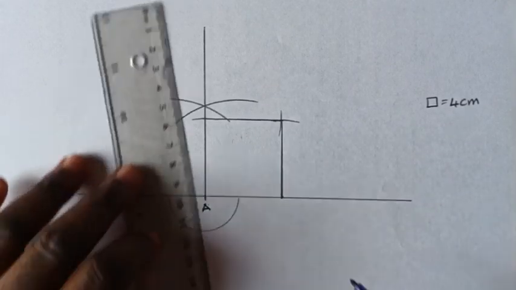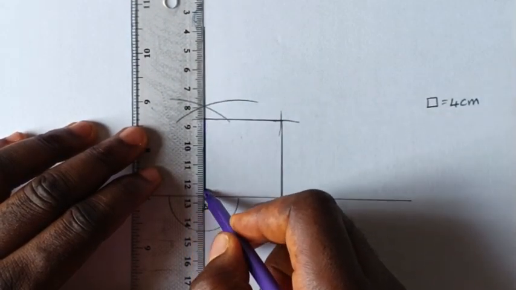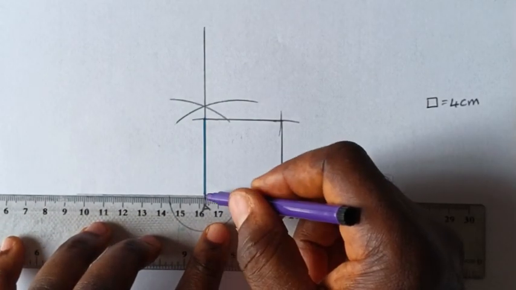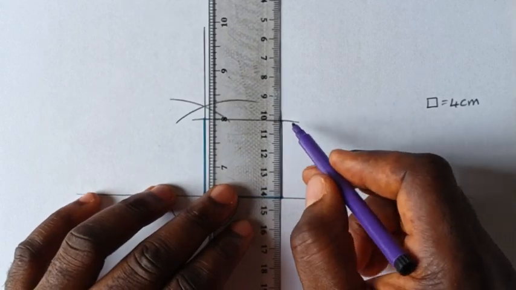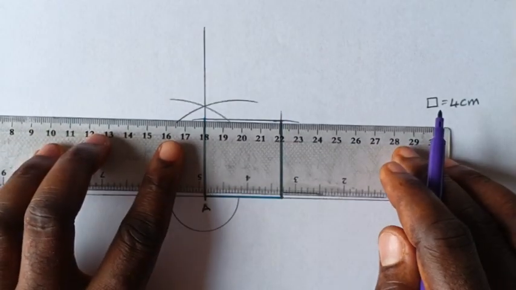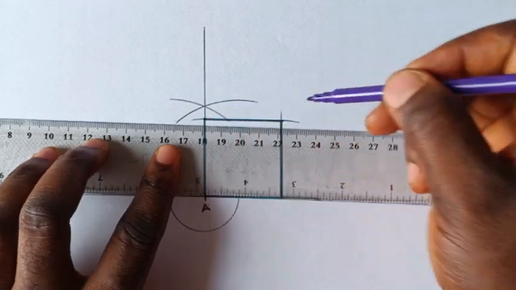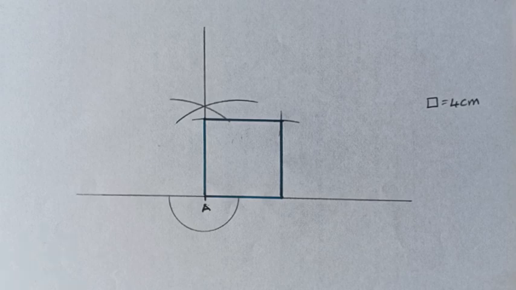I will proceed and I will use a marker to outline. So now here is our square of 4 centimeters.